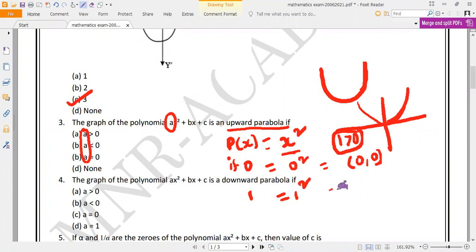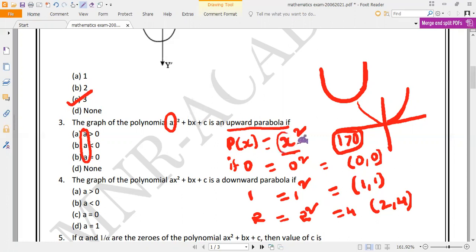The point is 1 comma 1. Suppose if x equal to 2, what is the value? 4. So 2 comma 4. Do you understand?